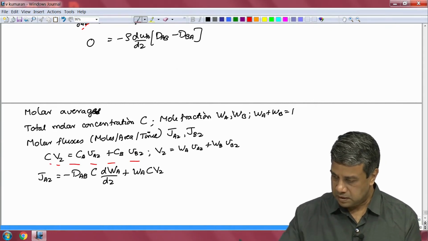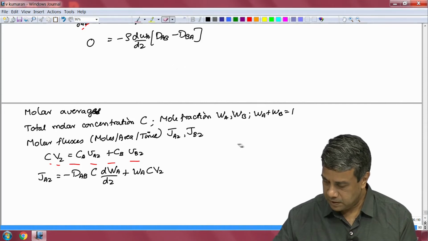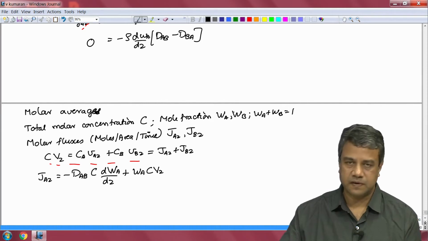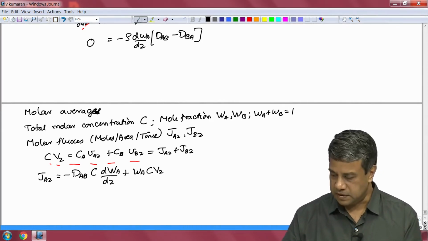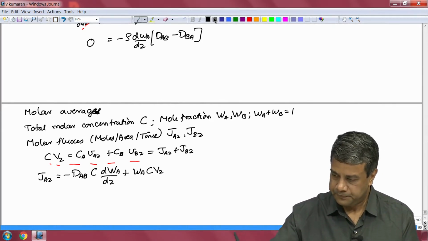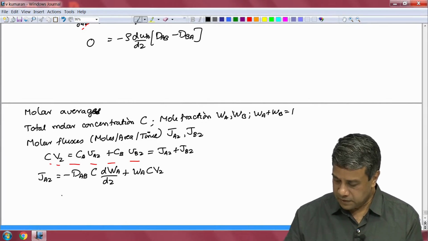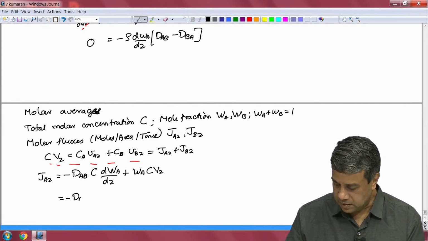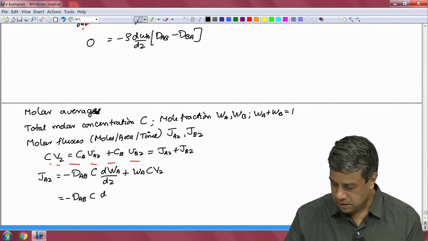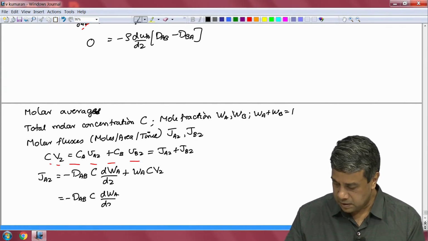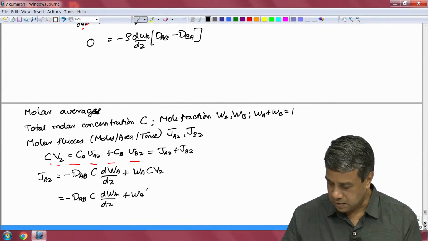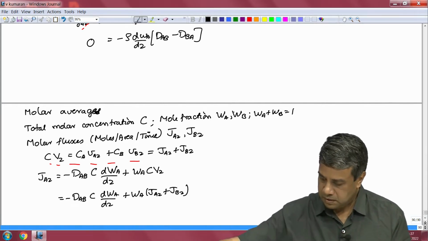Note that this is also equal to JAz plus JBz. These are the molar fluxes JAz and JBz. Therefore, this can be written as minus DAB C dWA by dz plus WA into JAz plus JBz.